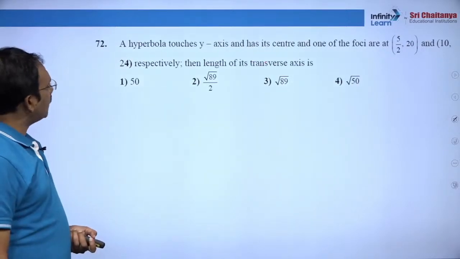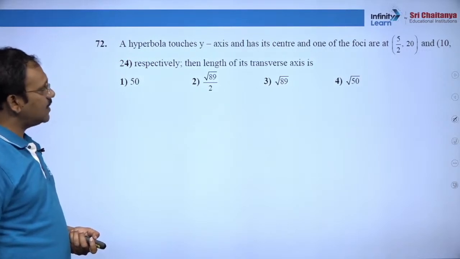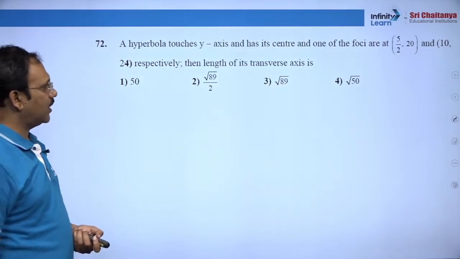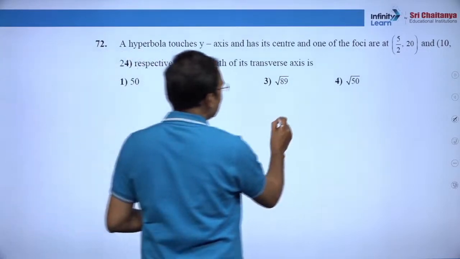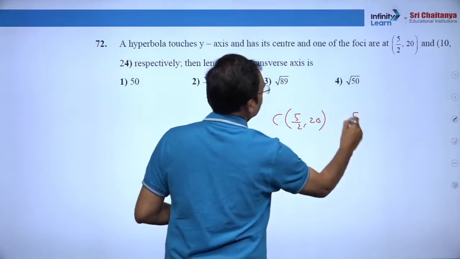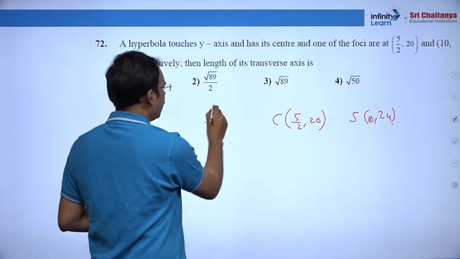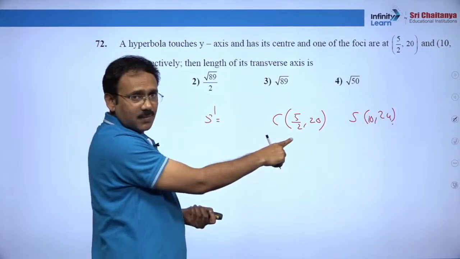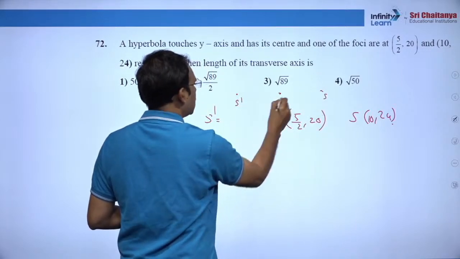Next, a hyperbola touches the y-axis and has its center at one of the foci. The center is 5 by 2 comma 20, and one of the foci, say S, is 10 comma 24. Can you find the other focus, friends? The center is the midpoint, right? This is S, S dash, C will be.